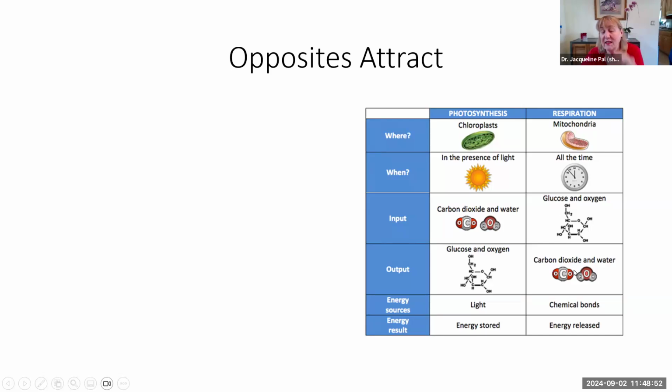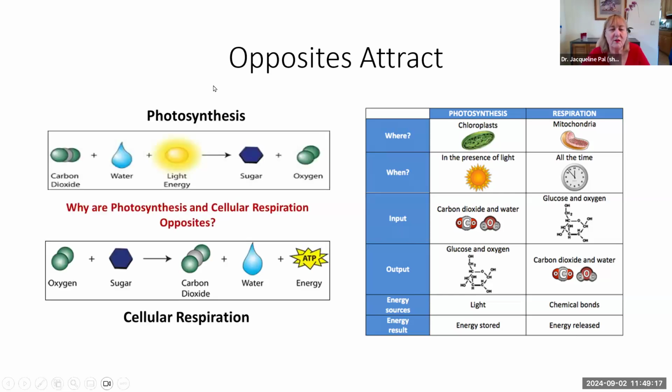The waste products in consumers are carbon dioxide and water. Energy source in plants is light. Energy source in humans are the chemical bonds in the glucose. And the energy is stored in the chemical bonds in photosynthesis, and energy is released as ATP in cellular respiration.